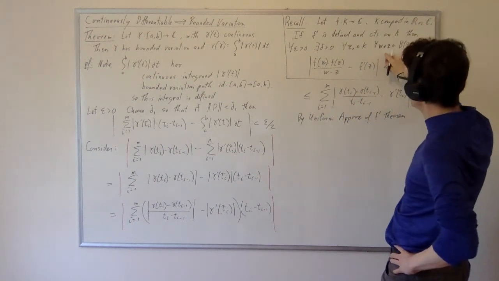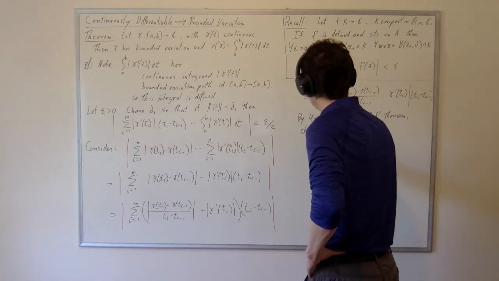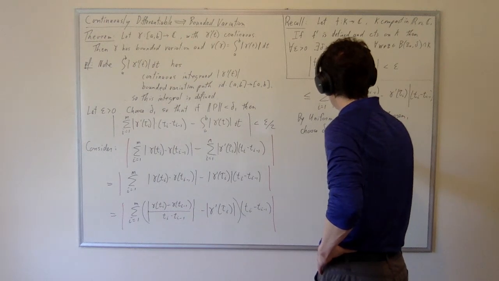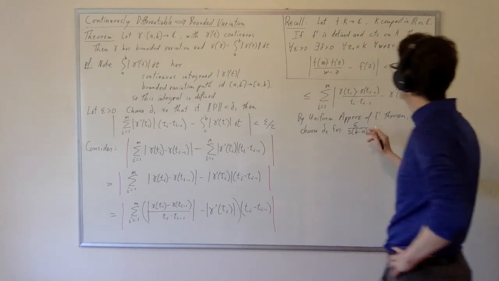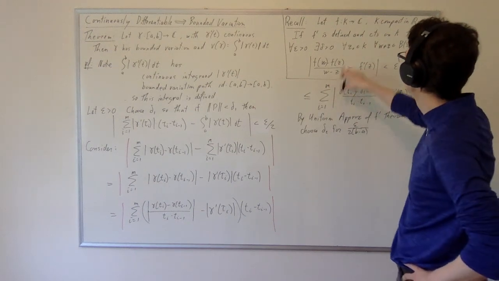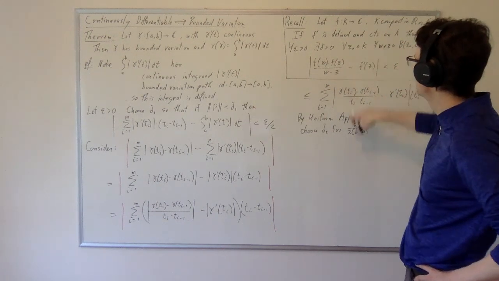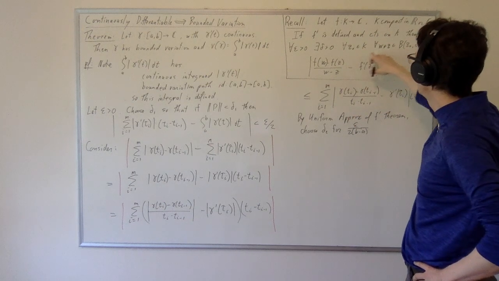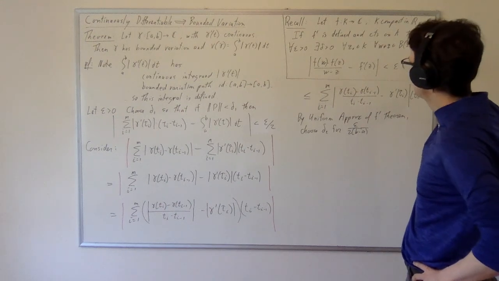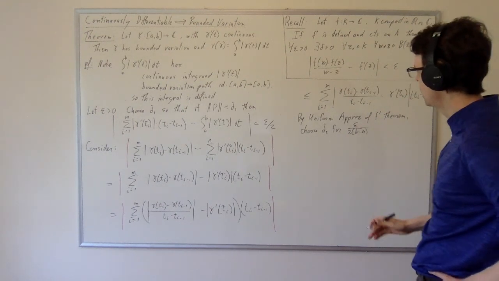So by the uniform approximation of the derivative theorem, in other words, by this theorem right here, I'm going to choose a delta 2 for epsilon over 2 times b minus a. In other words, choose a delta 2 so that if z comes from the compact domain of this function, and if w and z come from the delta ball of that z intersected with that compact domain, then this will be less than epsilon over 2 times b minus a.